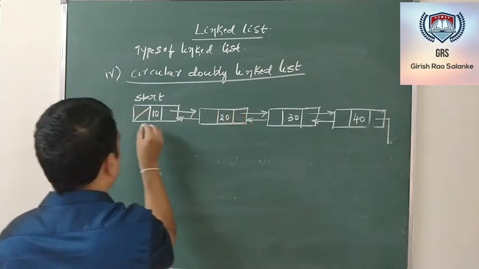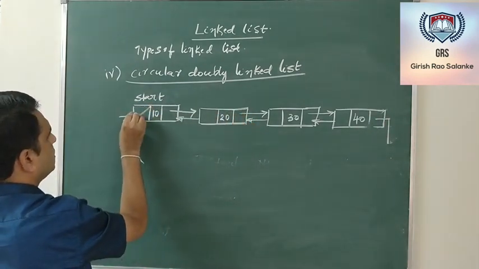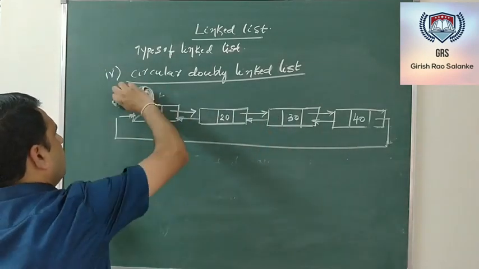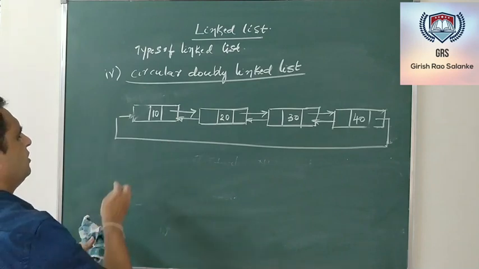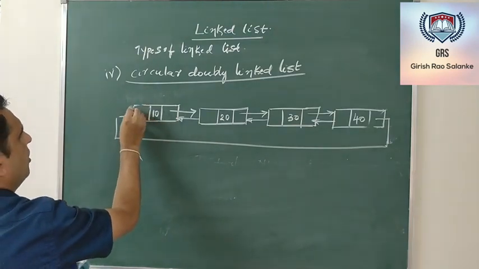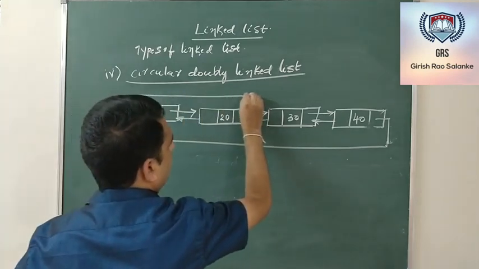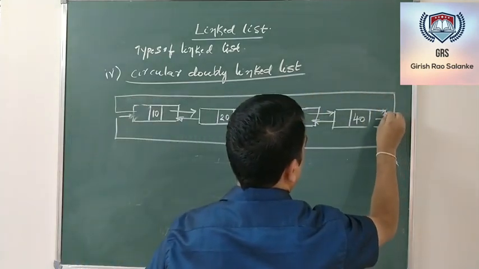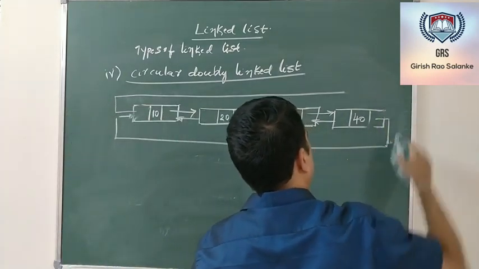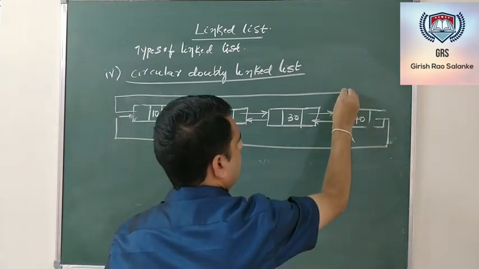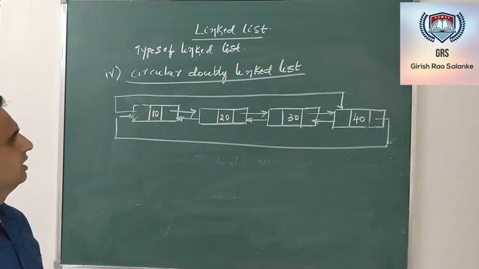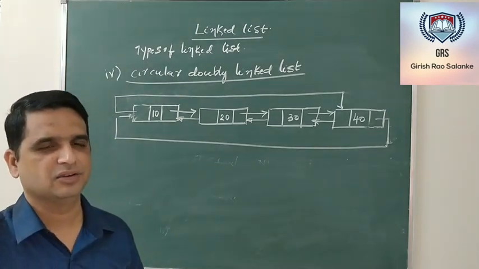Now make this point to the first node. Similarly, the first node in its previous field was having null. Now make this point to the last node. So this became my circular double linked list.